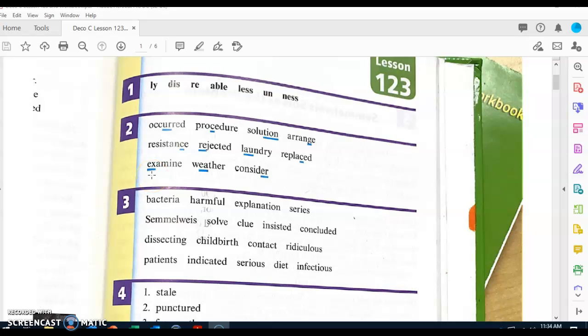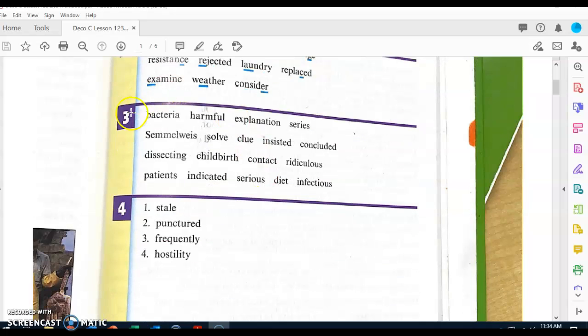What is the underlined part? X. What word? Examine. Next word. What is the underlined part? What word? Weather. Next word. What is the underlined part? What word? Consider.